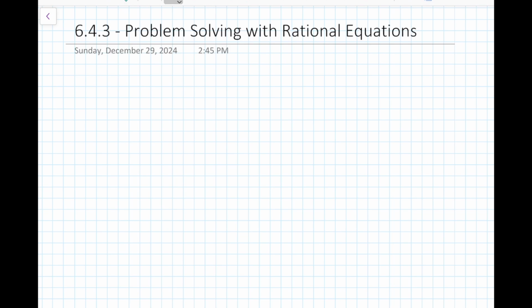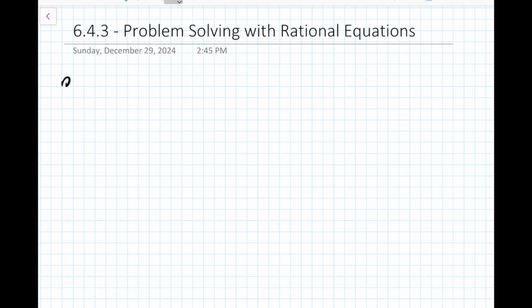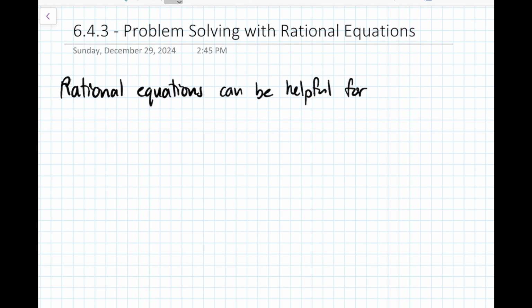So this is really just going to be me trying to set you up for knowing how to approach these things. So rational expressions, again, are fractions. That's something we've talked about a bunch. And fractions tend to pop up a lot of the time in situations where we're solving problems that involve rates.